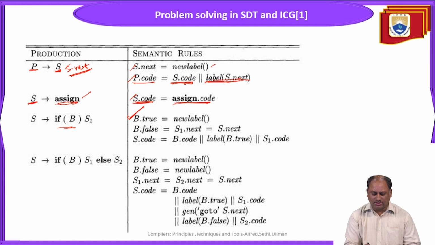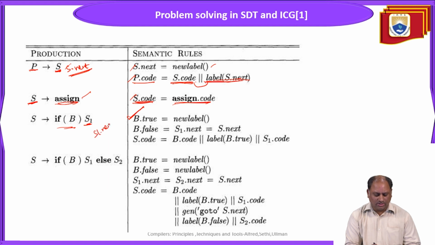So that means output is generated here, and for this output, the remaining part is to be executed. Like this, in the case of an if statement, suppose a label is created with true and false. Here false is to be assigned with S1 dot next. Why? Because after S1, what is the statement that is executed?